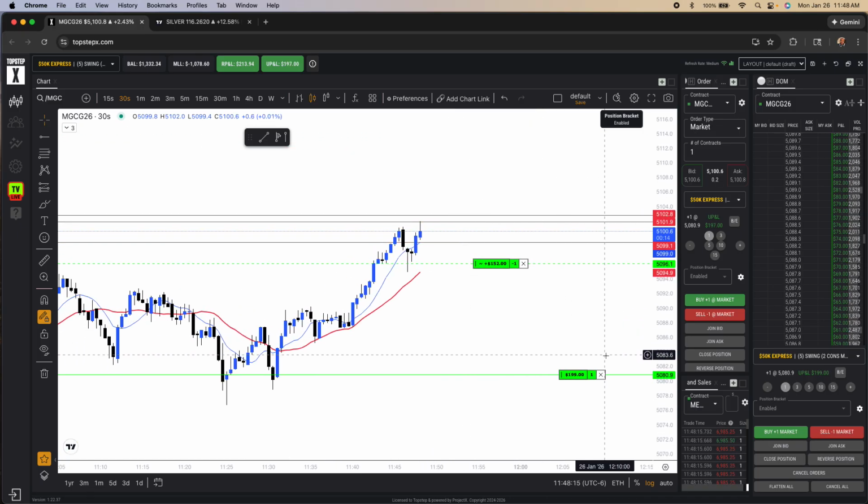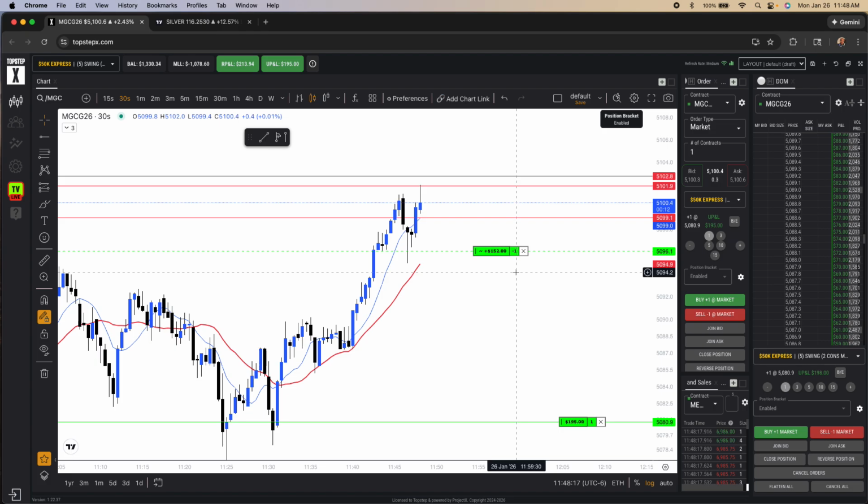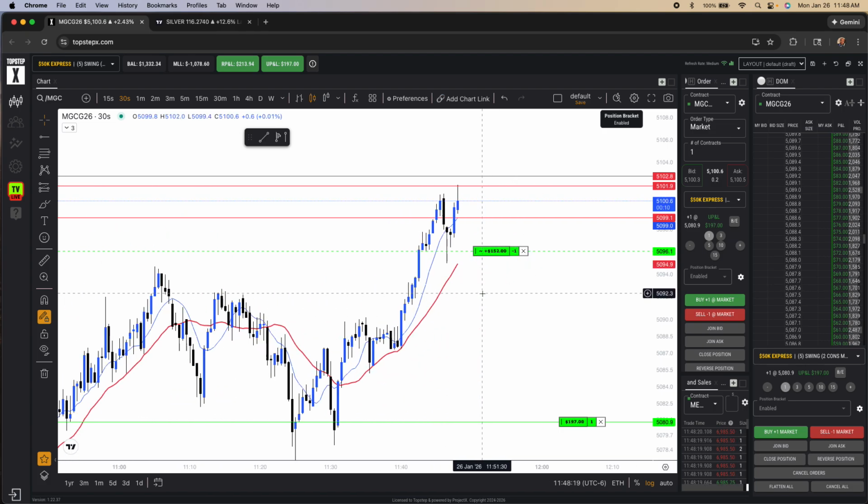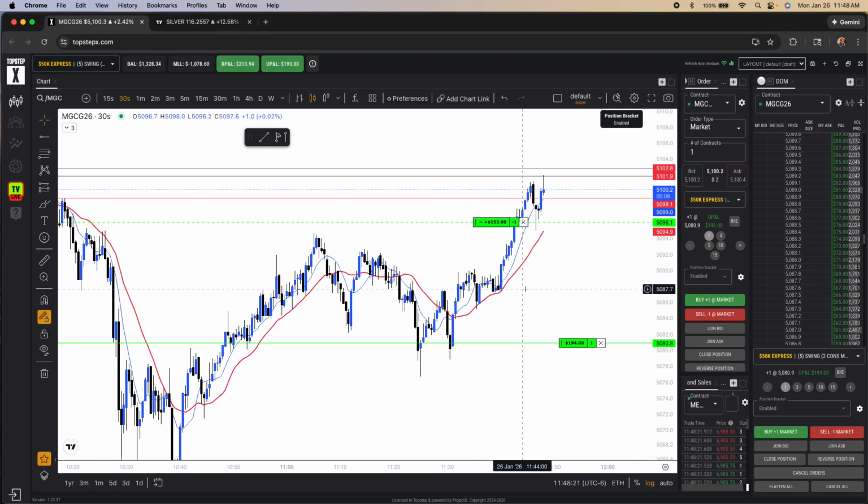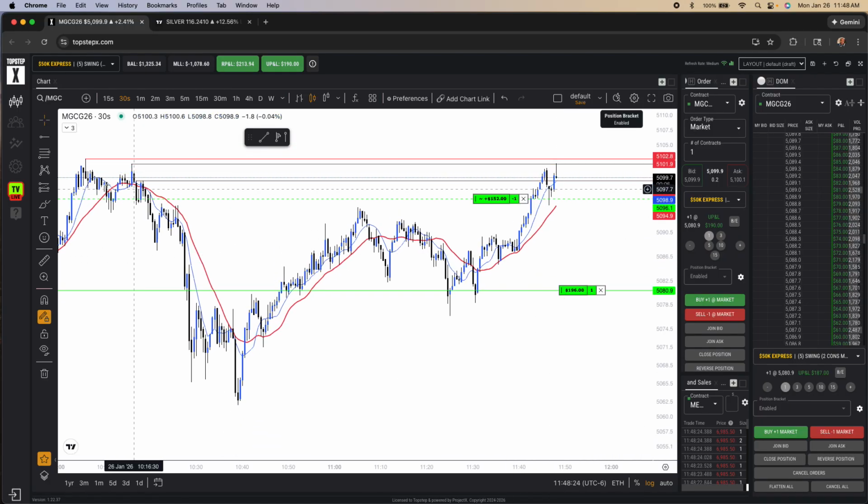So everything worked out very good. Everything that I explained worked pretty well. I know that I moved my stop loss.